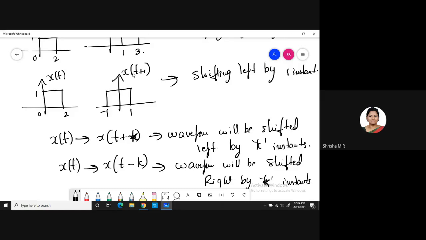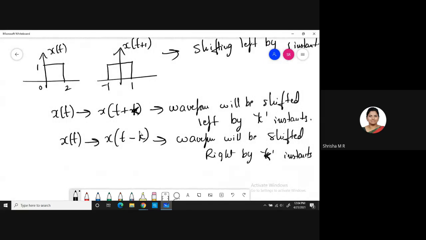If you have a positive value of k, then it is a left shift. The signal will occur k seconds earlier. If you have minus k, or a negative value of k, the signal will have a time delay. It occurs k instants of time late.